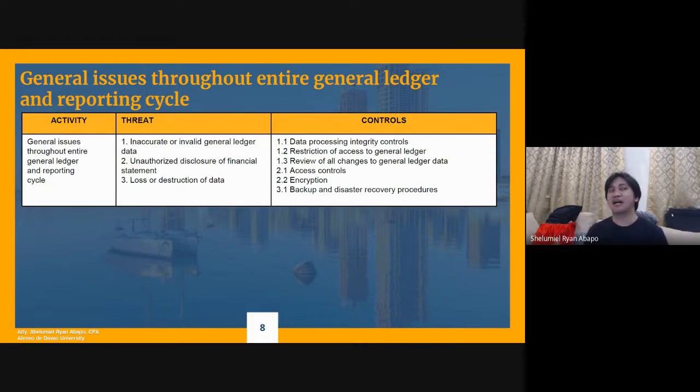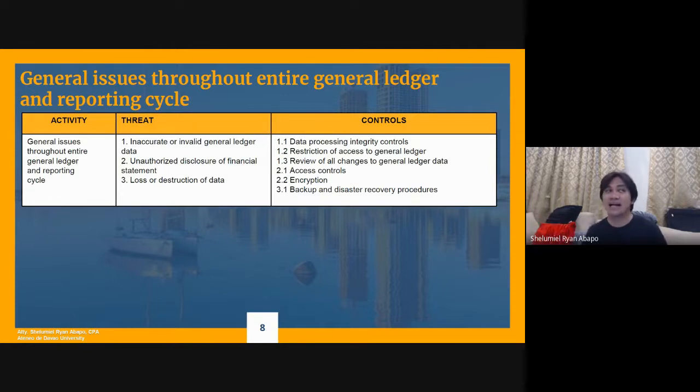The backup and disaster recovery procedures may include timely backups of the database, or the creation of a separate facility where you back up all the data and information far from your corporate headquarters, or far from places that are susceptible to calamities or destruction, like a non-earthquake prone area, or a non-flooding area, or far from a congested part of the metropolis or the city, so that if there is a fire, it may not easily reach and burn your backup. So you put it somewhere else.